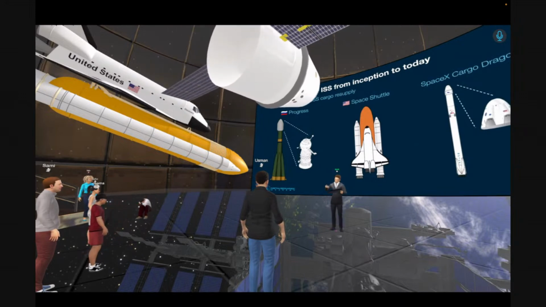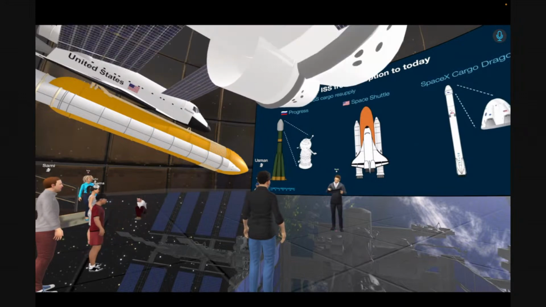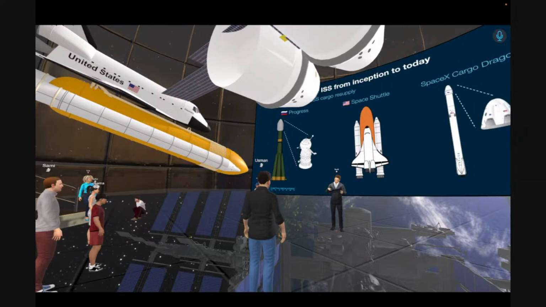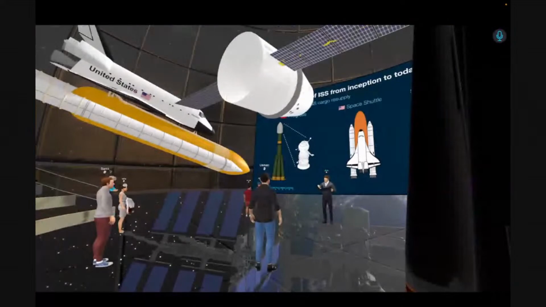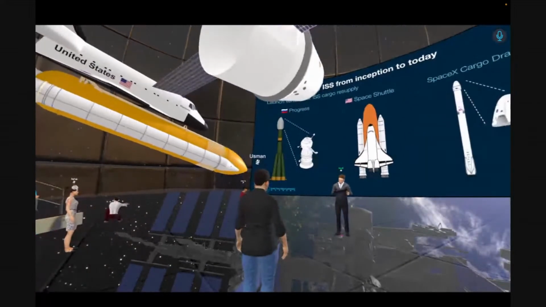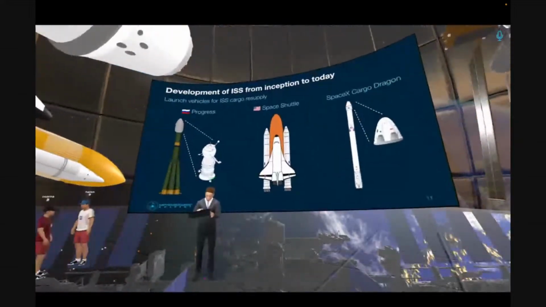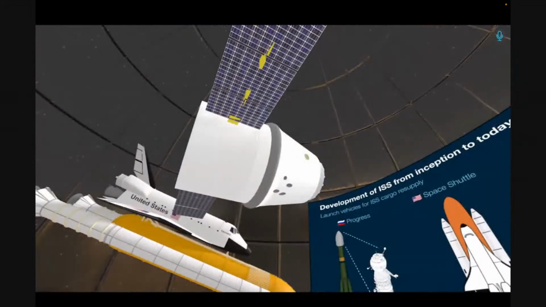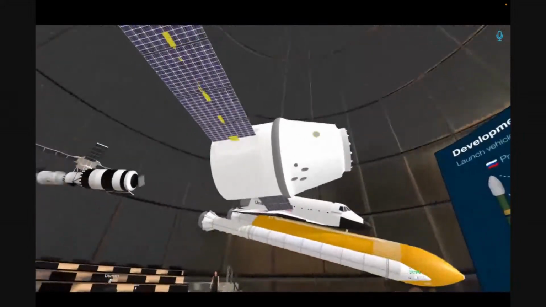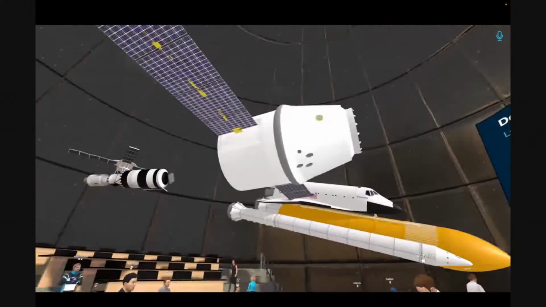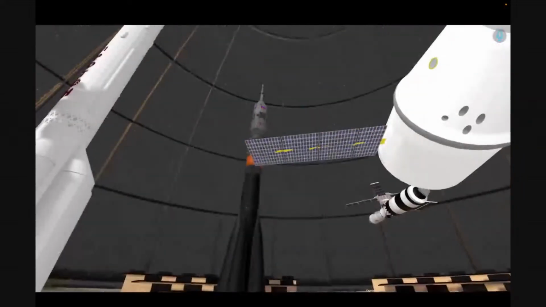So it took the concept of the space shuttle, and rather than only reusing a part of it, the black and white part, it reuses a lot more of it. And that enables cost savings and allows the space agencies to spend money on different things. So those three vehicles brought cargo to the space station. What about the people?